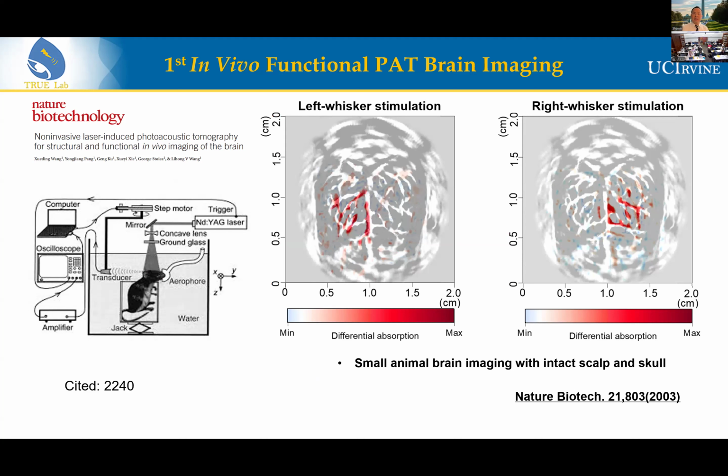That's the first time we could see the vasculature within the mouse brain. They did a simple demonstration: if you stimulate the left whisker, you see how the brain region reacts, and if you stimulate the right one, you get a different region corresponding to the different stimulation.